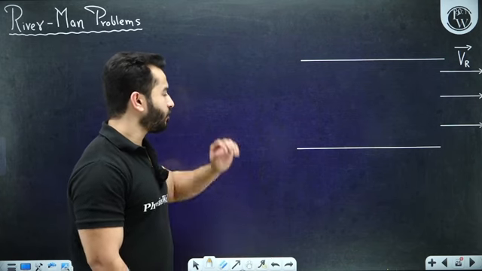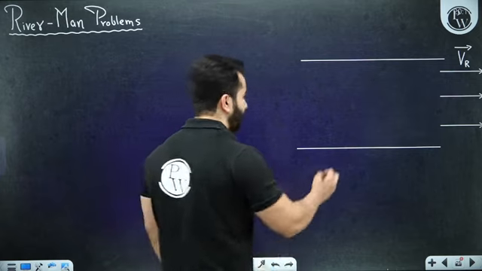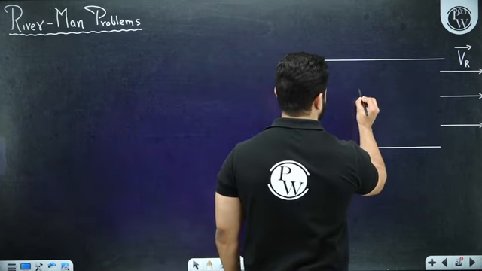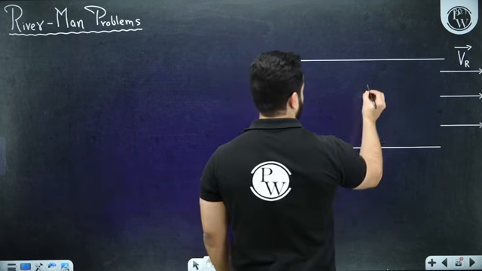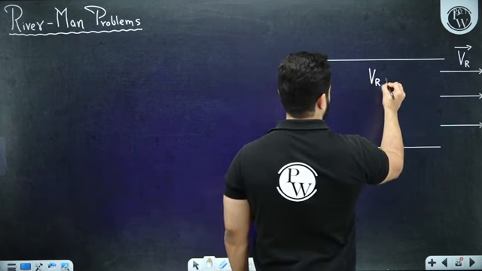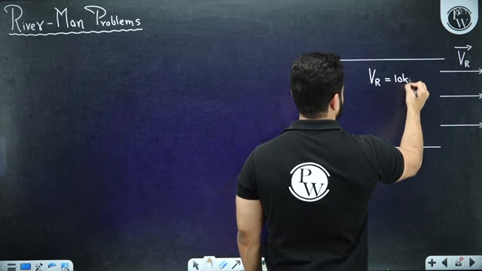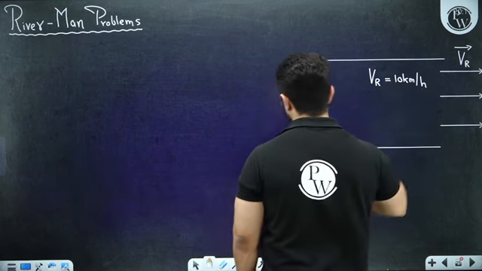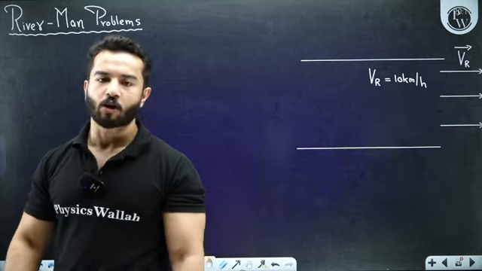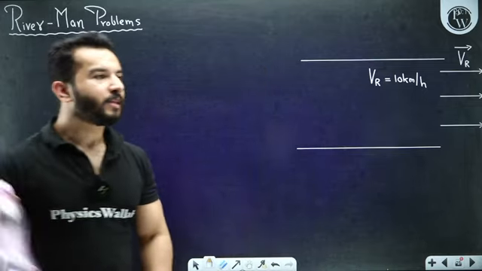Let's suppose that we have got a river flowing with 10 kilometer per hour of speed, which we call the current of the river, right?